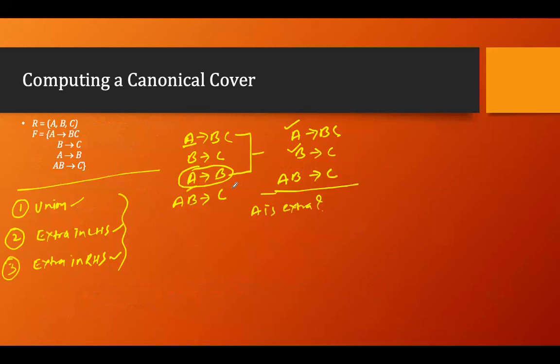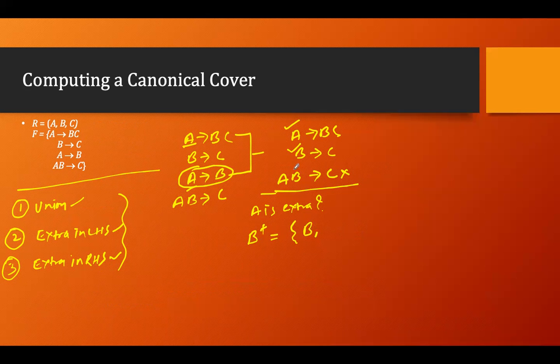It means that we have to check B closure without using this, and see whether C is coming or not. So we assume that we are not using this particular functional dependency. Now we have to find B closure. We'll go for B, right? So what is B closure?